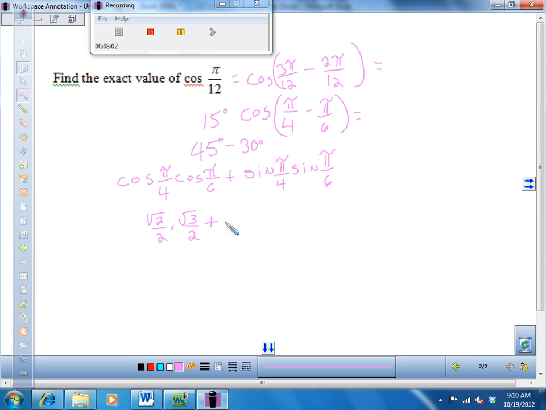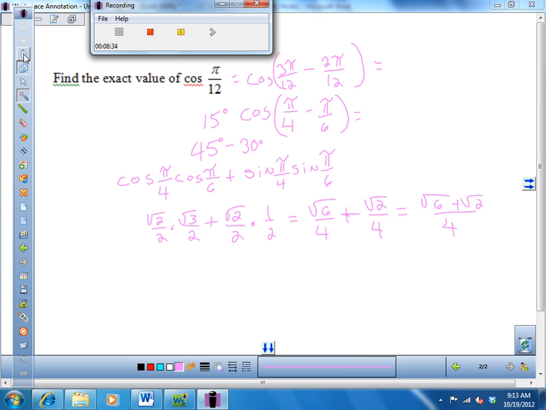Sine of pi over 4 is root of 2 over 2, and sine of pi over 6 is 1/2. No, because I have to get through this, okay? Plus root of 2 over 4, and I get root of 6 plus root of 2 over 4. All right, we're moving on now, okay?